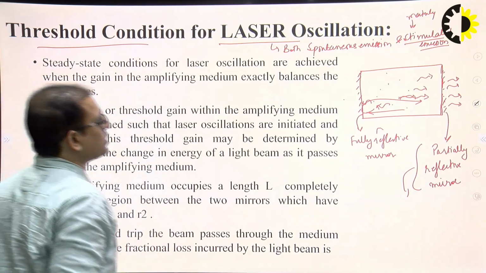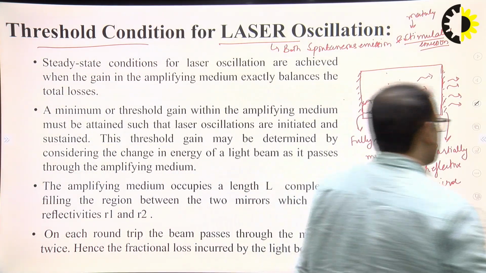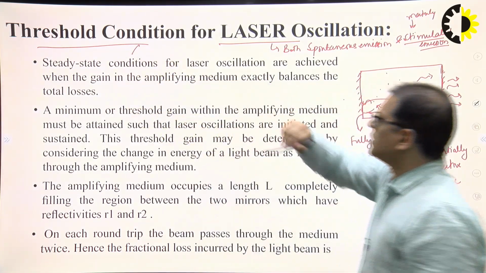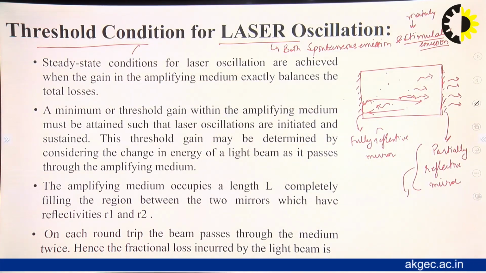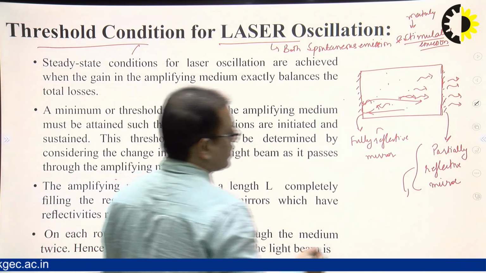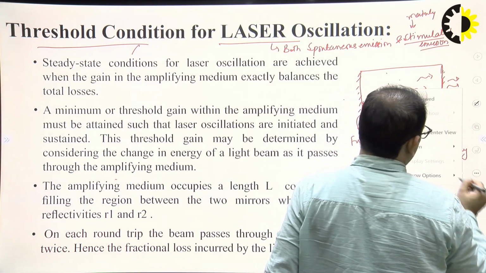So this is the threshold condition. What is the threshold condition? It defines the minimum condition required for laser oscillation: when the gain overcomes the loss, only then will laser oscillations take place, meaning the photons will get out of the cavity.